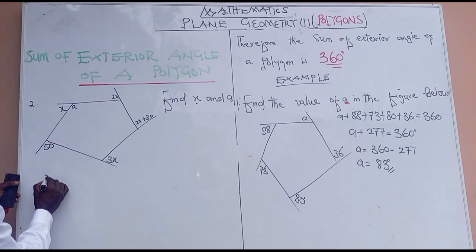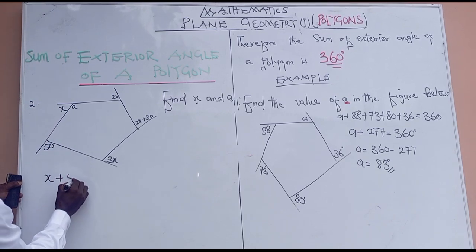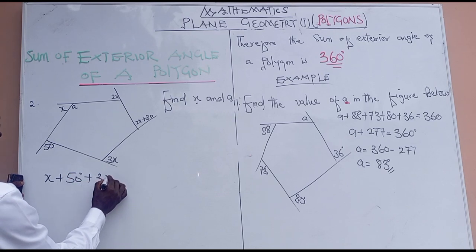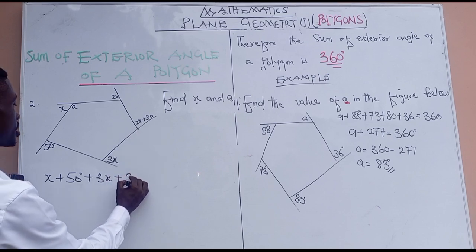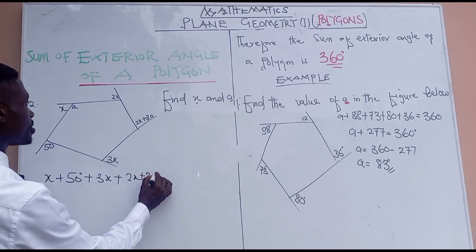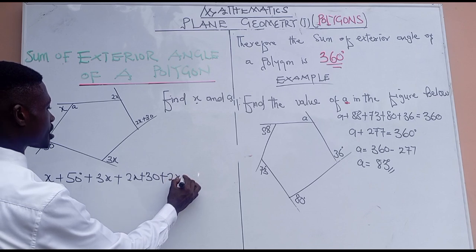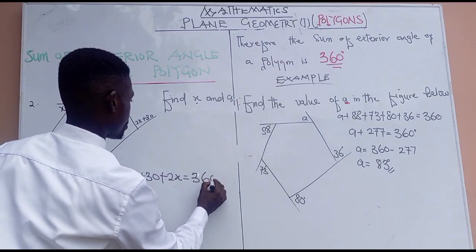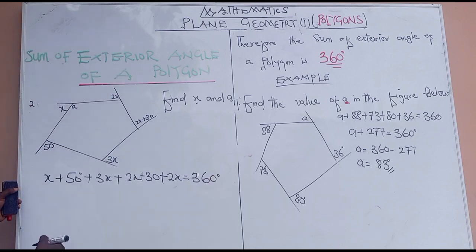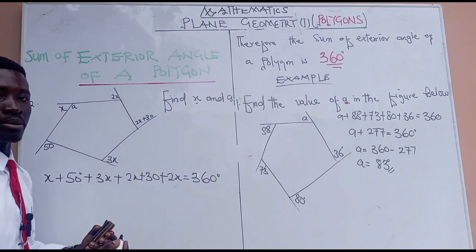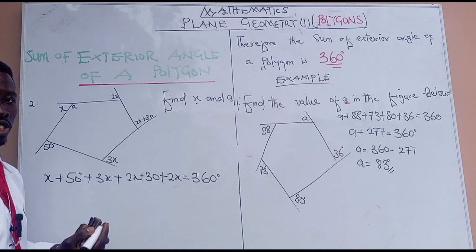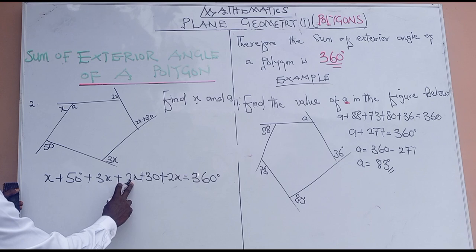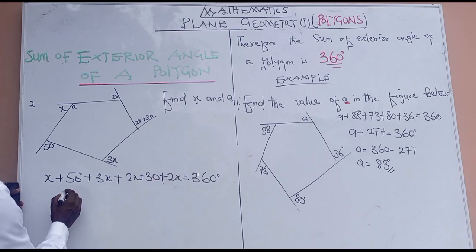We are going to get x plus 50 degrees plus 3x plus 2x plus 30 degrees plus 2x is equal to 360 degrees. So what we are going to do next is we group like terms and then we perform simple basic algebra. So we have x plus 3x, 4x, plus 2x, 6x, plus 2x, 8x.